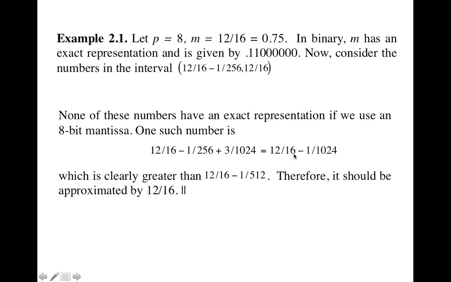So that's a number that's not representable. And this number, of course, is greater than 12 over 16 minus 1 over 512, which is really the midpoint between 12 over 16 minus 2 to the 8 and 12 over 16. This number is between the midpoint and 12 over 16. And therefore, our number in this case must be approximated as 12 over 16.